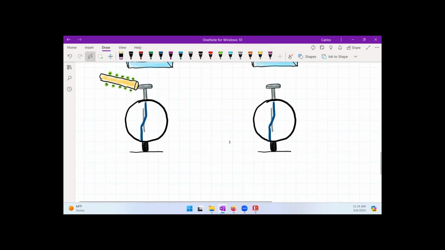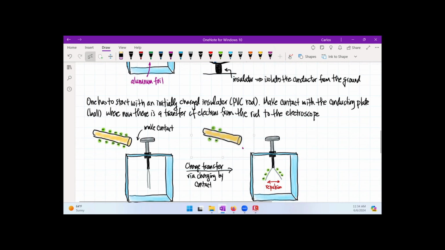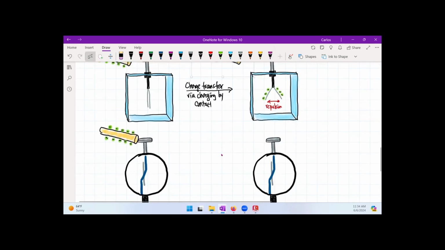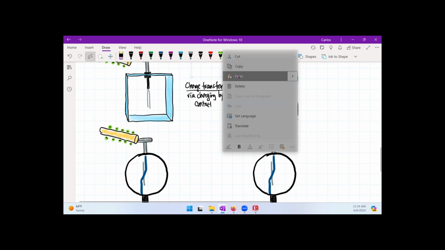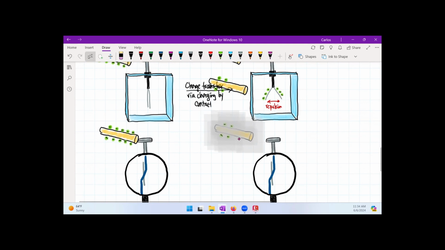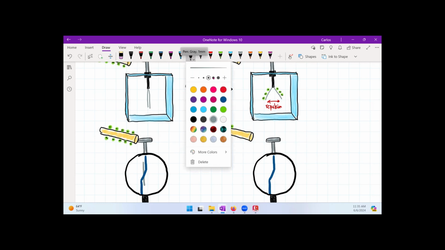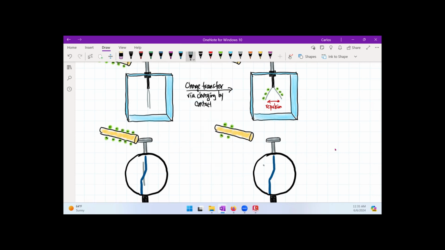And oops, I'm going to take this guy away. And then as I move it away, some of the charge now goes onto the metal plate. And as it goes onto the metal plate, these rods repel each other relative to that pivot right there.